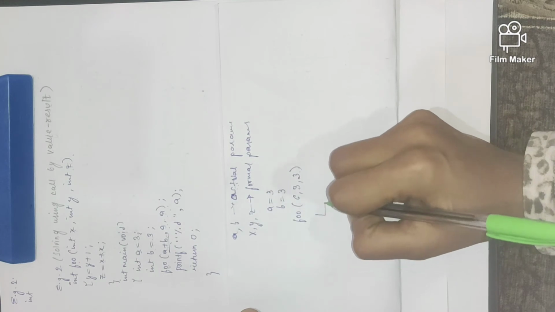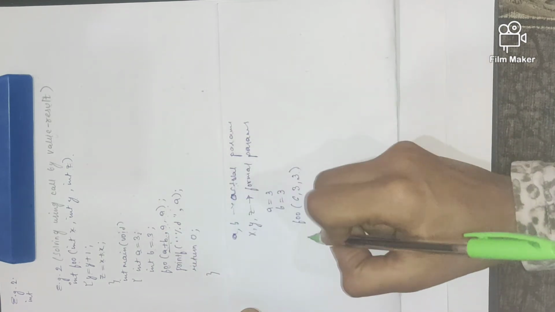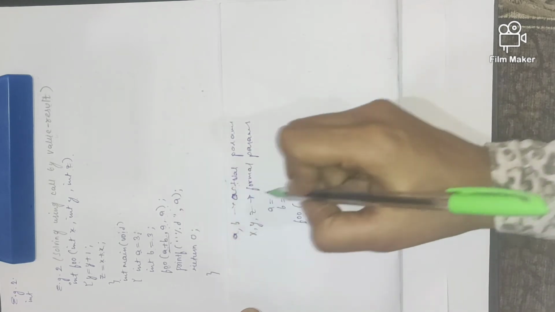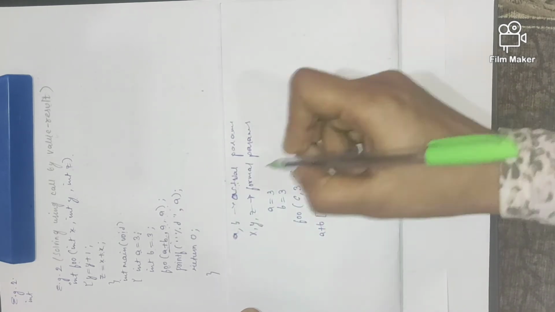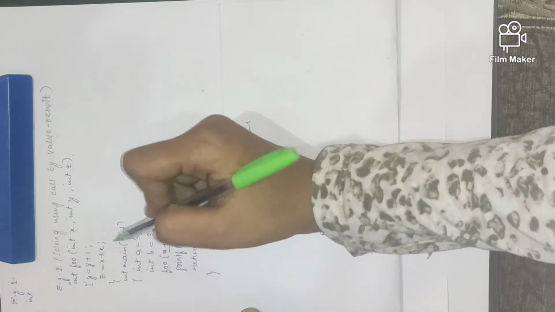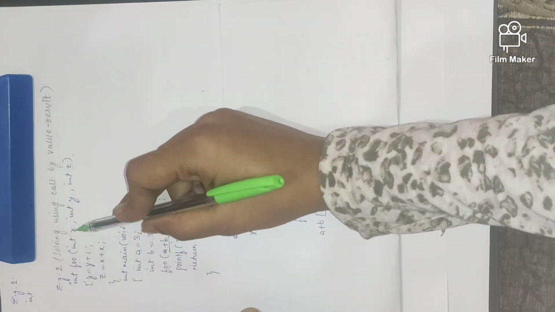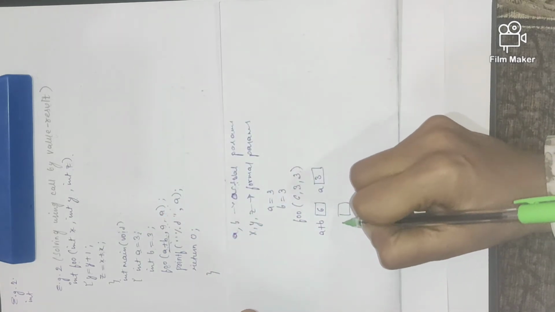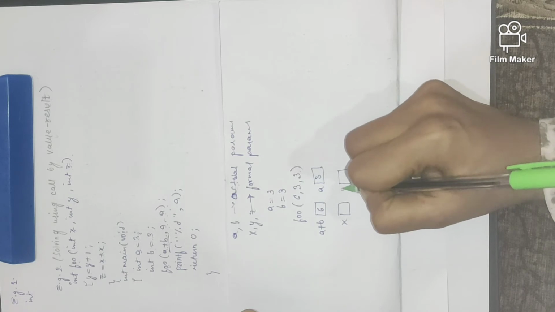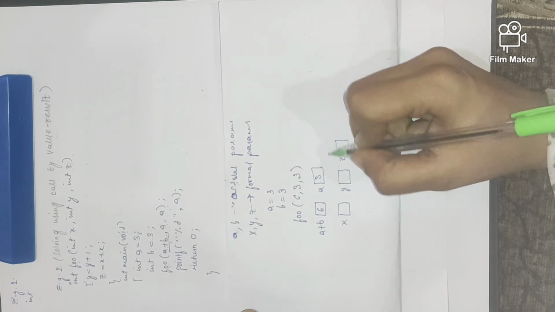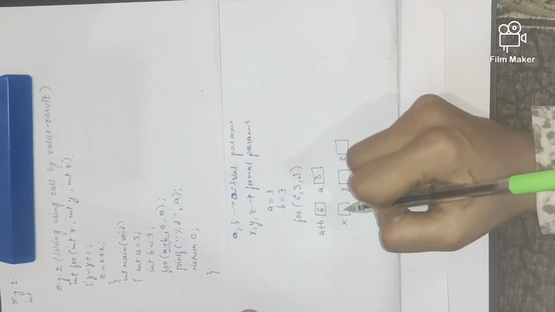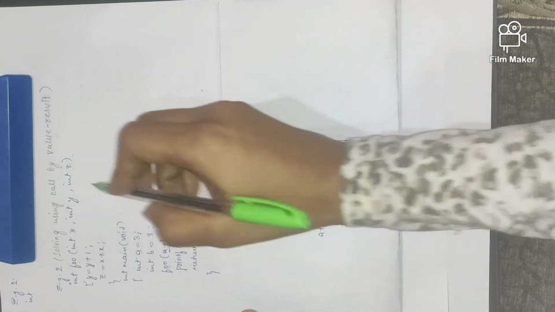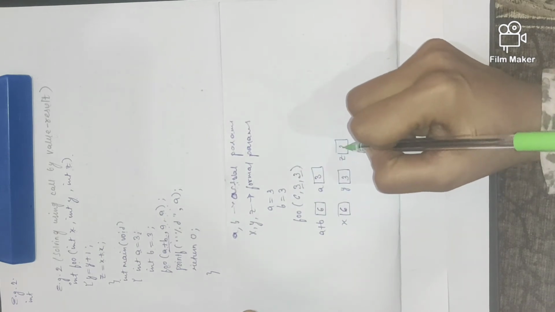The value of a plus b and the value of x will be the same. x is 6, y is 3, z is 3.